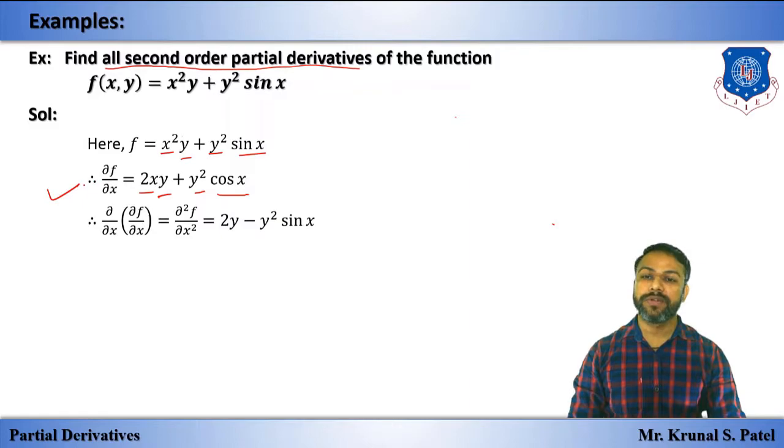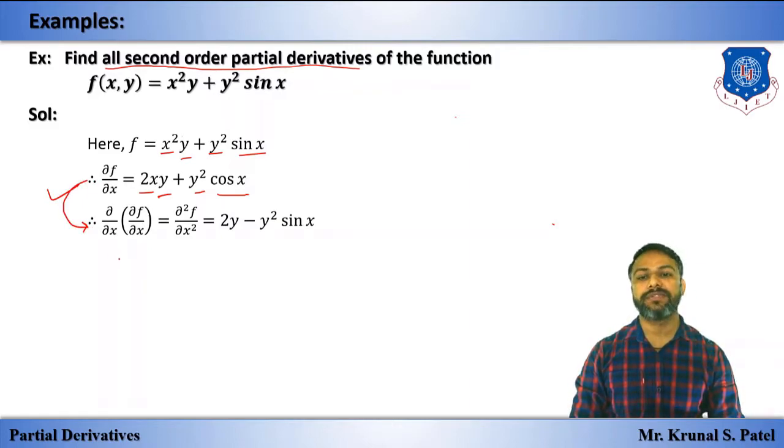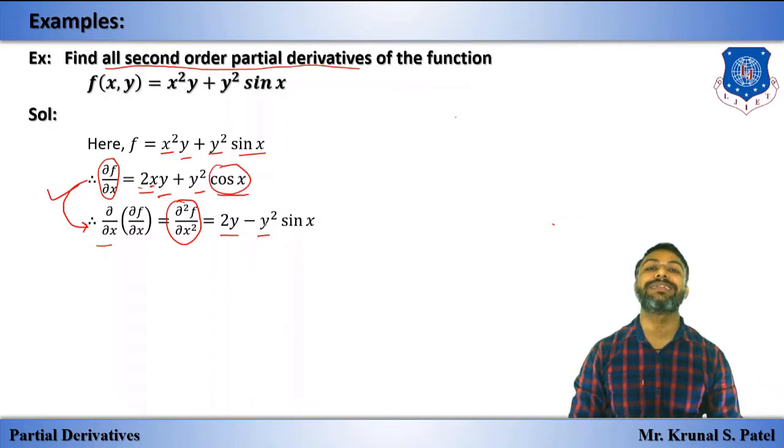Now we will differentiate this first order partial derivative with respect to x and with respect to y. First we differentiate with respect to x only. Differentiation of this del f by del x becomes del square f by del x square, and differentiation of x is 1, so we have remaining 2y. And y square as it is, and differentiation of cos x is minus sin x.